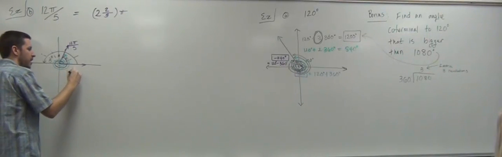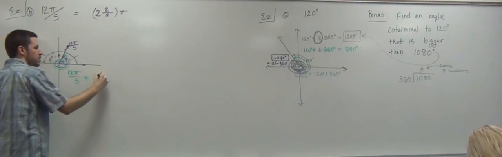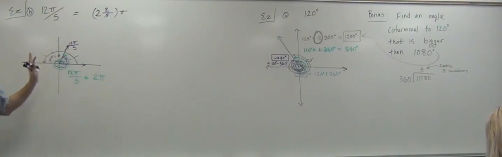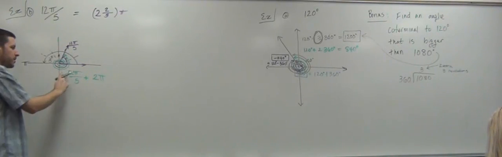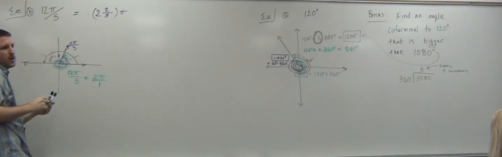You had 12 pi over 5, that's what you started with, plus 1 full rotation. So this is what you would have to calculate. And this is just like adding fractions. Whatever grade you learn that. This is 12 over 5 plus 2 over 1. Ignore the pi's.